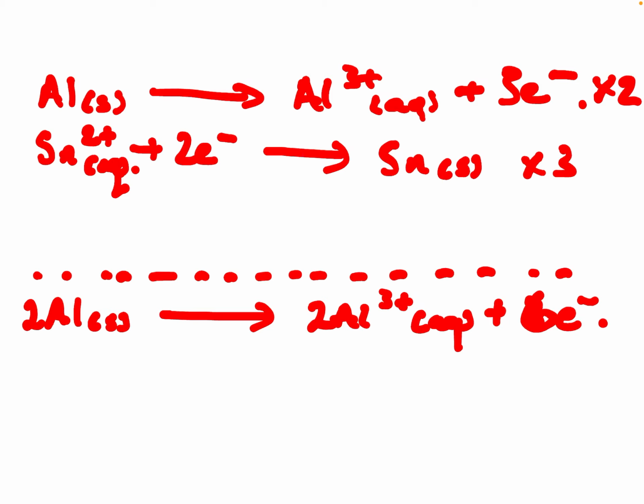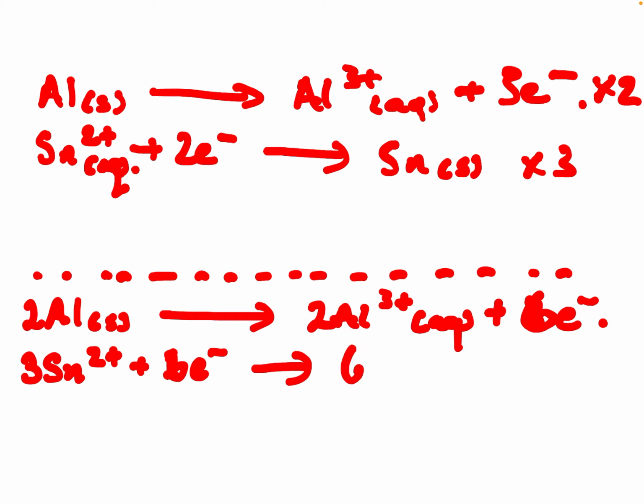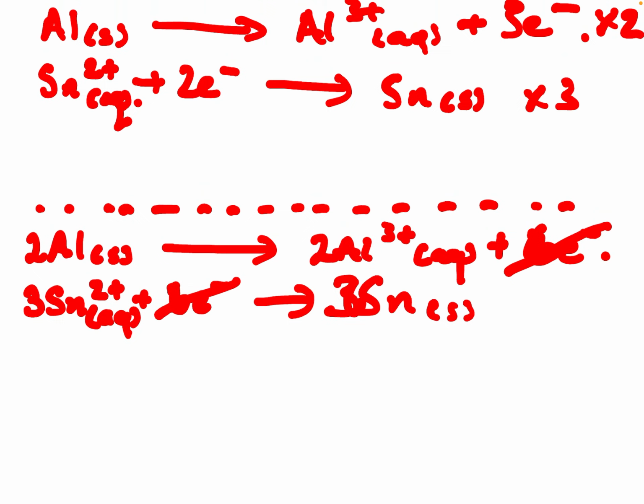And then in the next line I'm going to have to times by 3. So that's 3 Sn, and 6 electrons. Remember your state symbols. Okay, so now that there are 6 electrons on each side, you can cancel that out and then just write them as you see it.